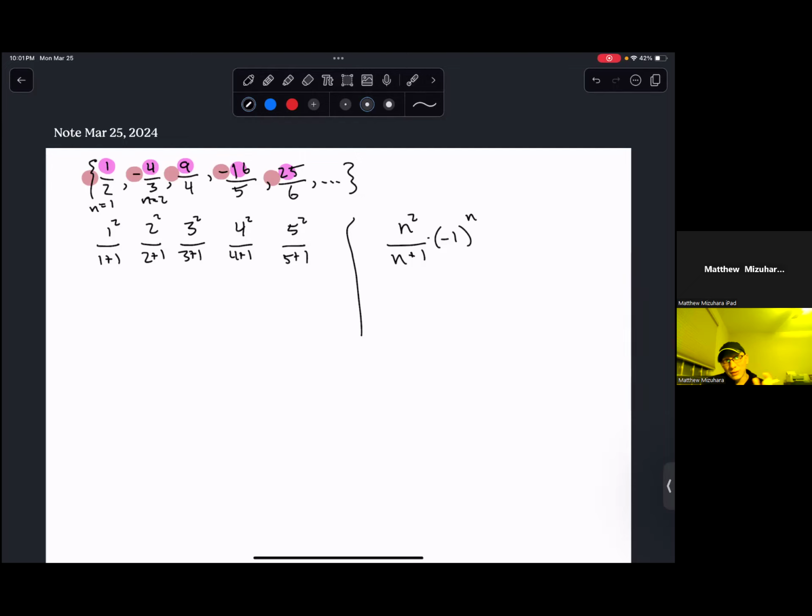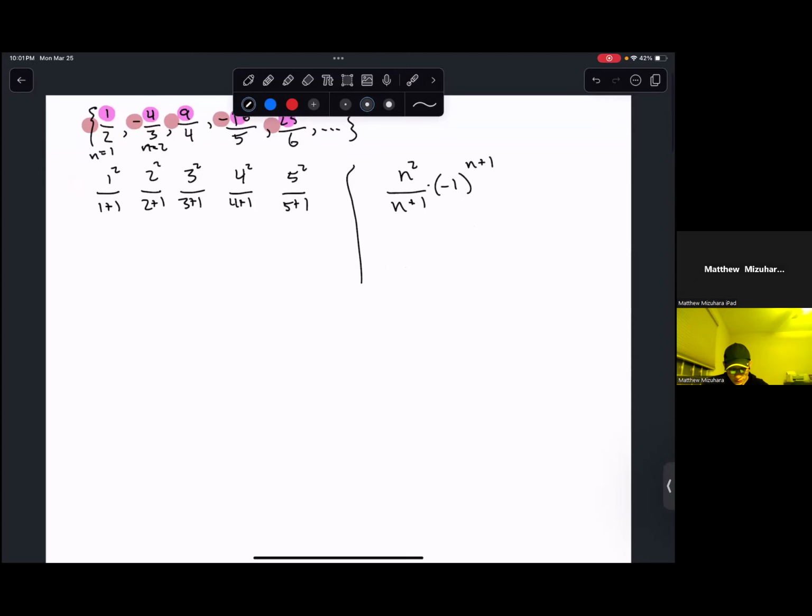Is it plus, minus, or is it minus, plus, minus, plus? If I plug in n equals 1 to start, it'd be 1 over 2. But then the 1 here would make this minus 1 to the 1, which is negative. And aha, I want to start with a positive, actually. So because I'm off by 1, let me make this n plus 1 instead. There we go. Now this does a nice job of capturing my sequence.